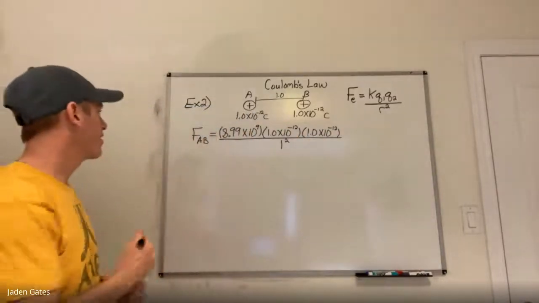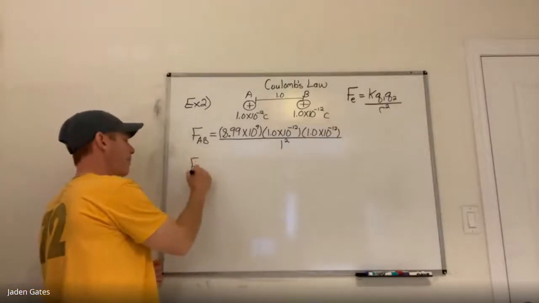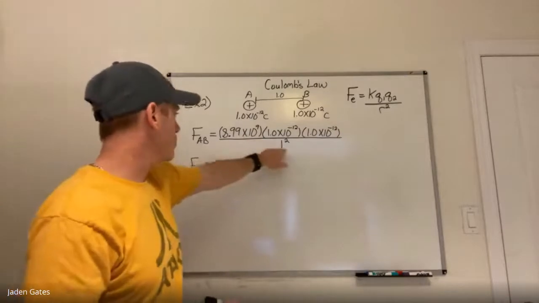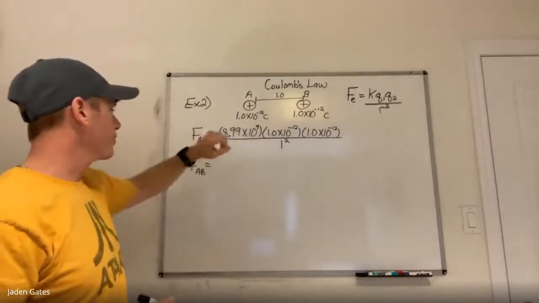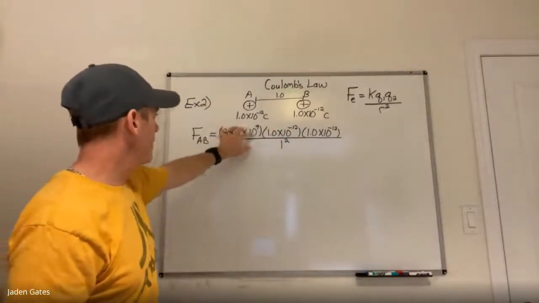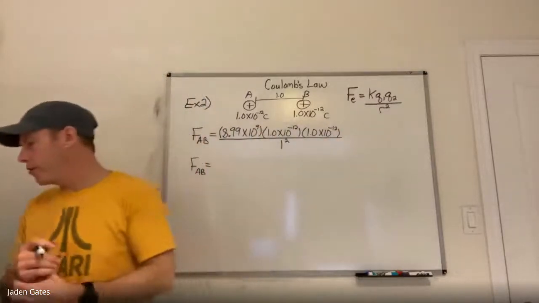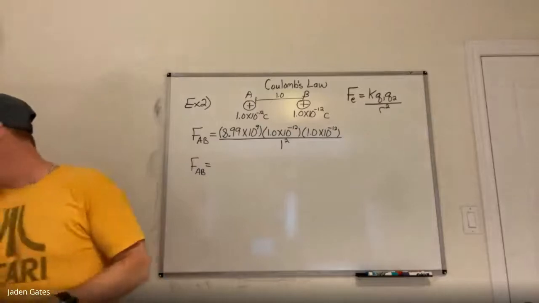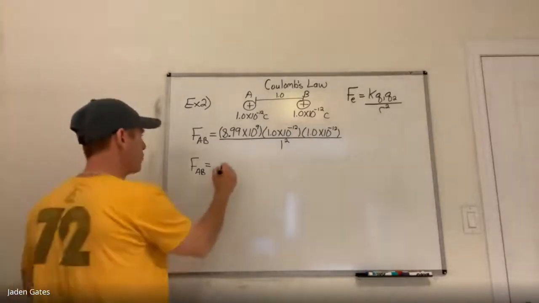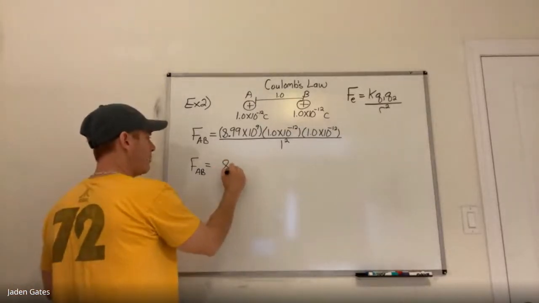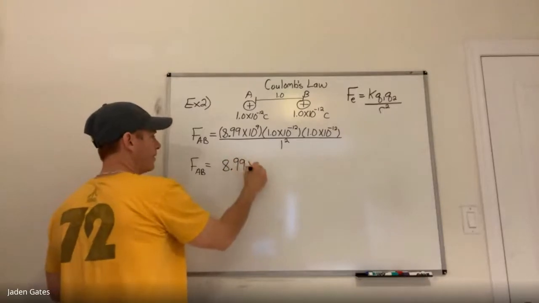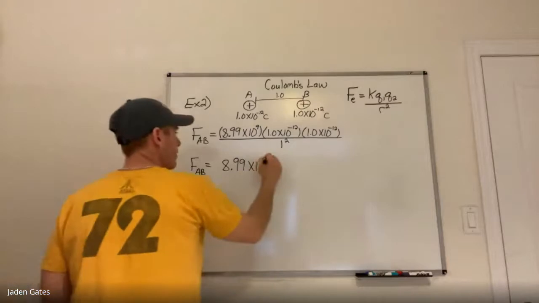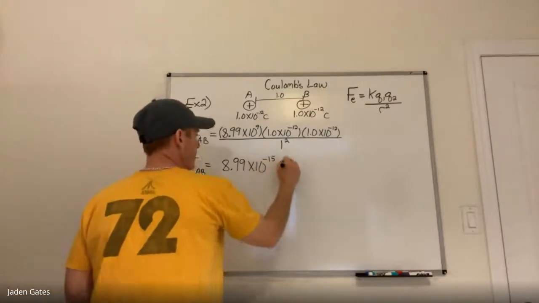Nice and easy there. Using my calculator, I can multiply, because our denominator is just going to be a 1, so it's not going to really matter at all. We're going to multiply the numerators here, and if I multiply those, I end up getting a magnitude of just 8.99 times 10 to the power of negative 15 newtons.